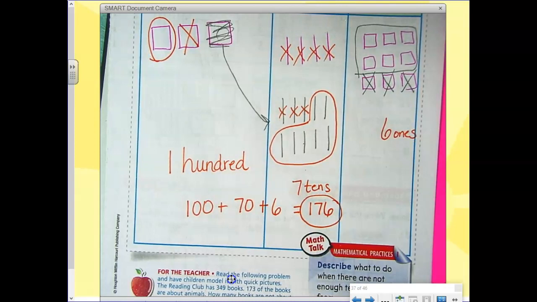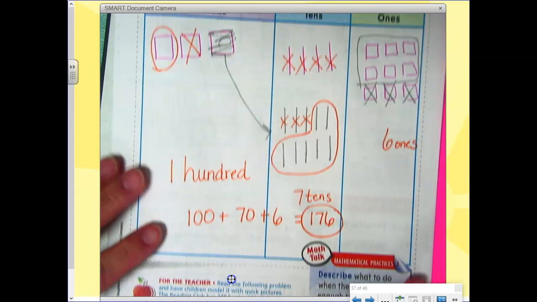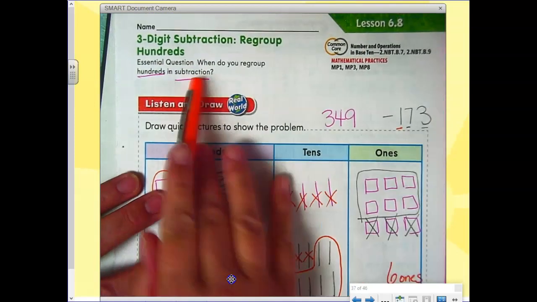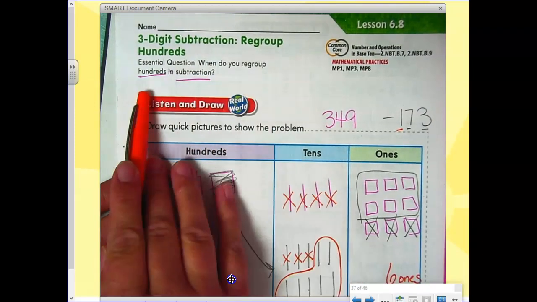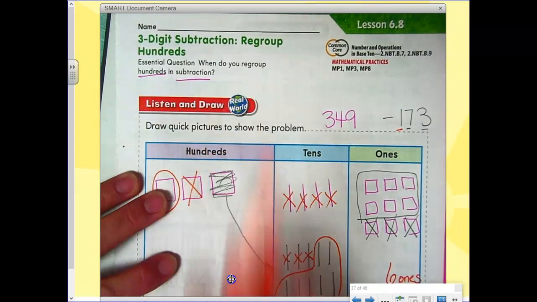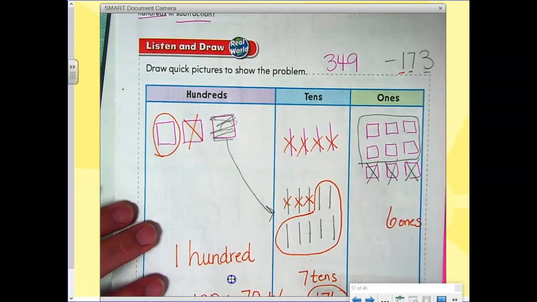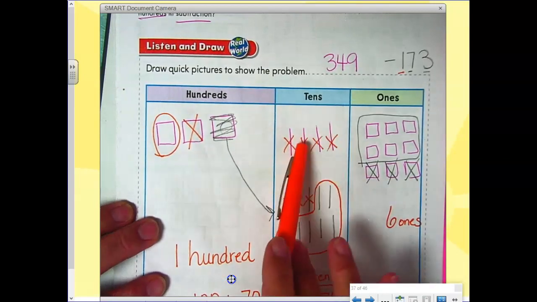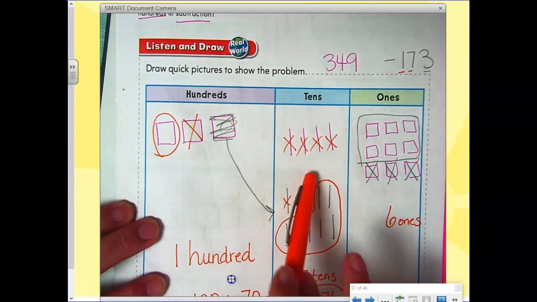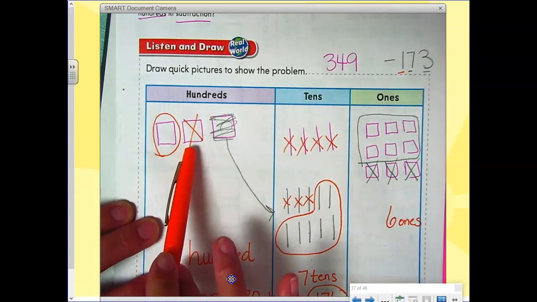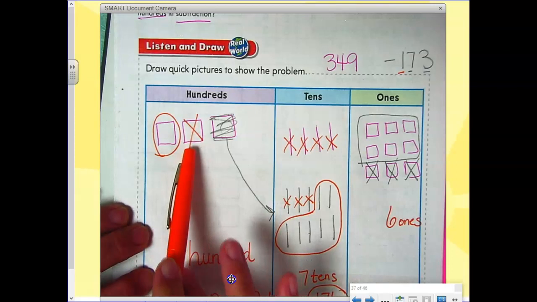All right, so we should have an answer now to our essential question, guys. When do you regroup hundreds in subtraction? When there's not enough tens to subtract, we have to regroup the hundreds place.